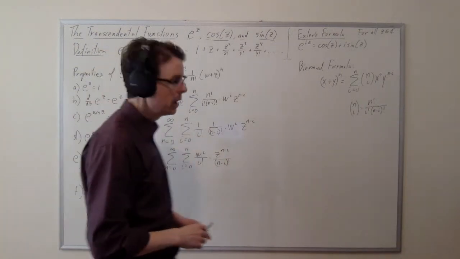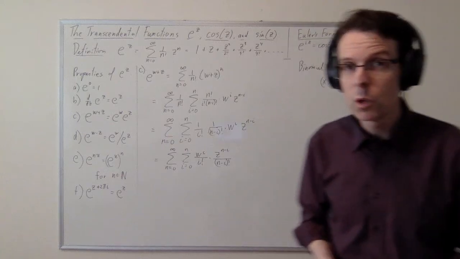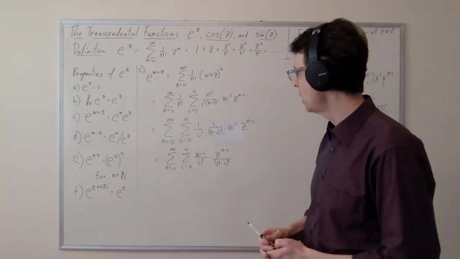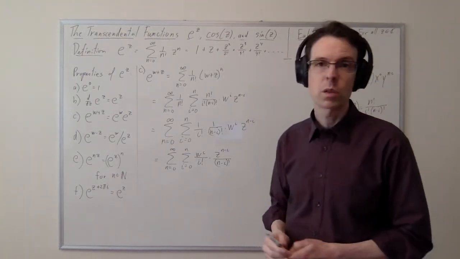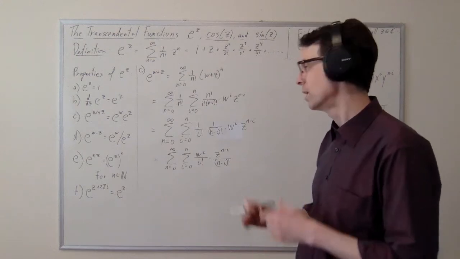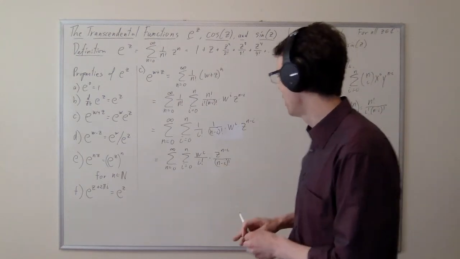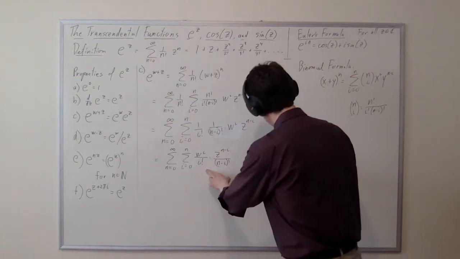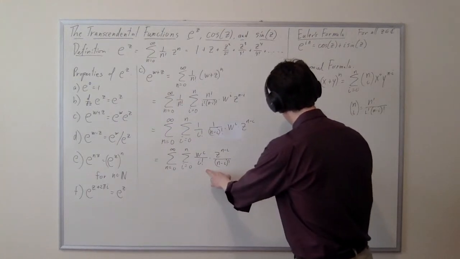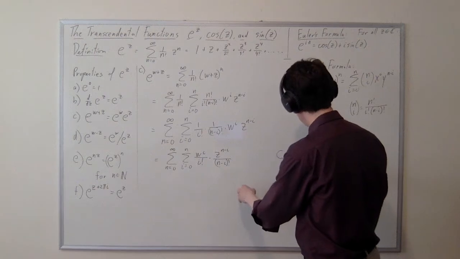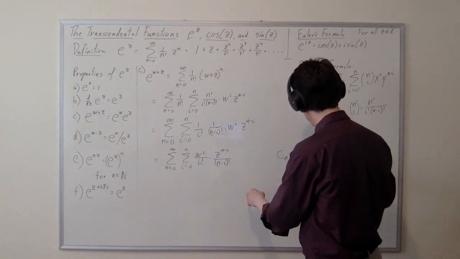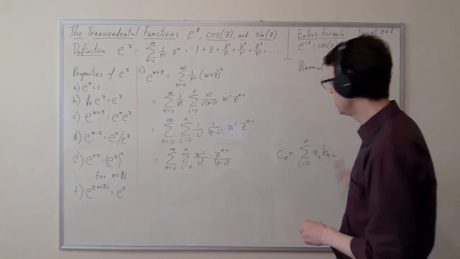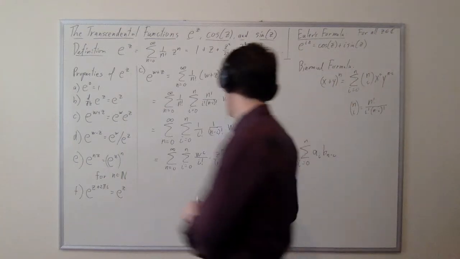And now it may feel like we're really in the woods here and there's a lot left to do, but in fact we're done. It doesn't look like it, but we're done. So this, remember, is a formula of the form the sum from I equals 0 to n of a_I b_(n minus I) for two series A and B. So what do we have here?